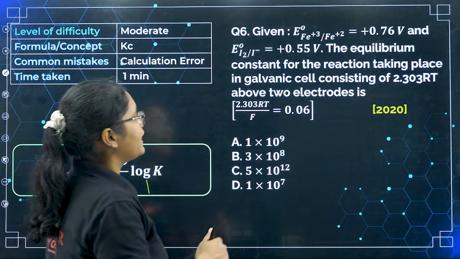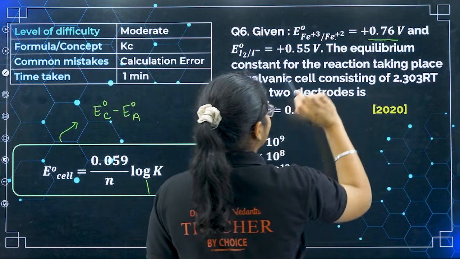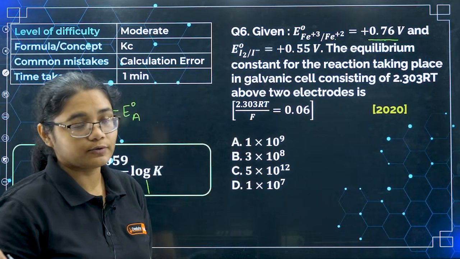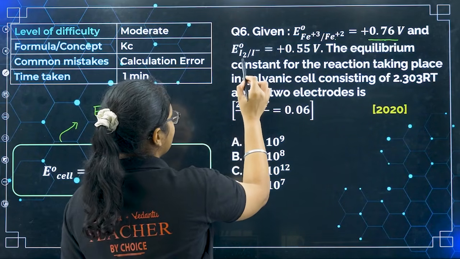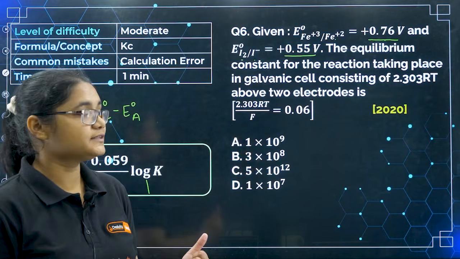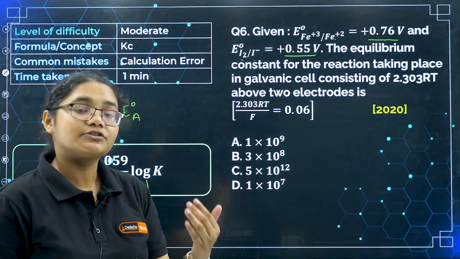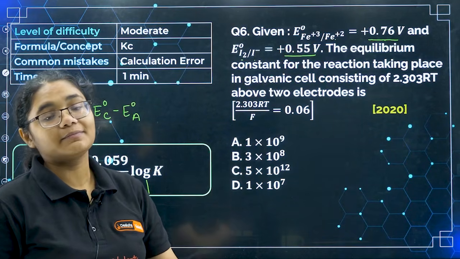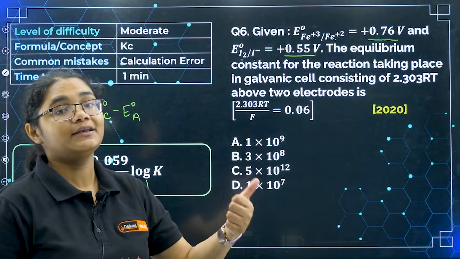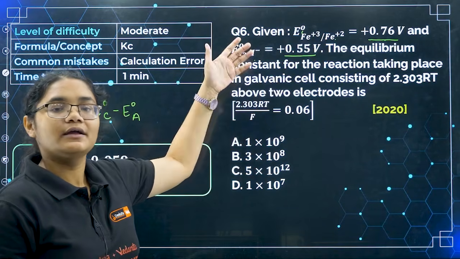You can see that the reduction potential of Fe from +3 to +2 is 0.76 volt and the reduction potential of I2 to I minus is 0.55 volt. Whose reduction potential is more? Fe's reduction potential is more. If Fe's reduction potential is more, that means it will undergo reduction easily. So that will be the cathode and this will be the anode.